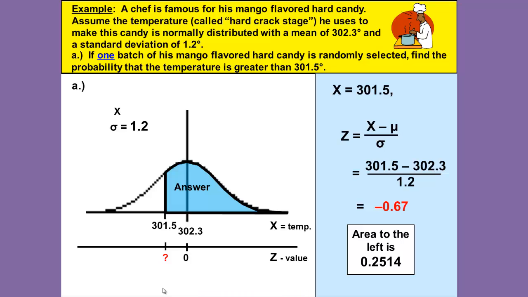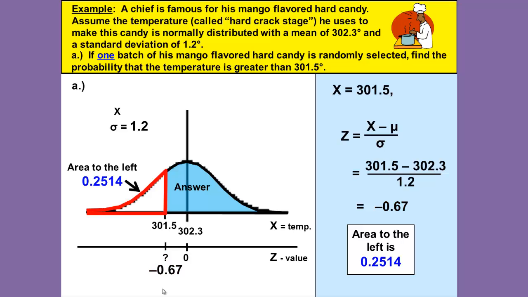Look that up in the table, and our table tells you the area to the left, which would be 0.2514. That is the area to the left, and since we need the area to the right, we'll find the complement, 1 minus 0.2514, or 0.7486.